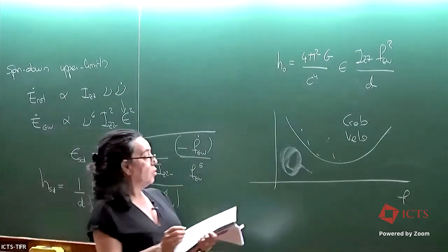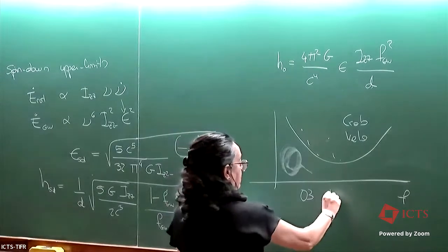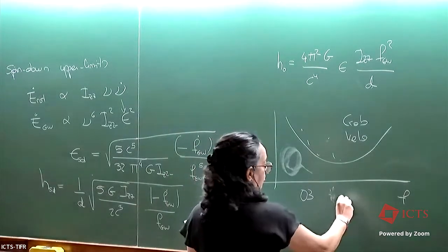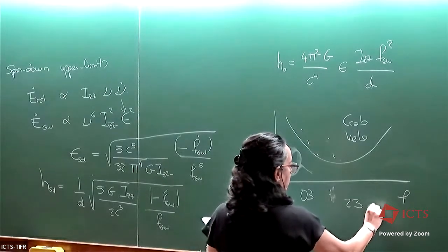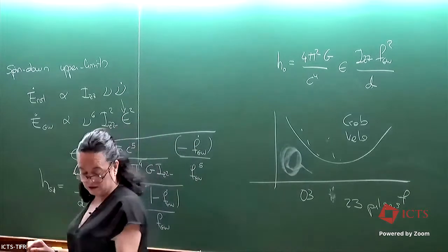Now, with the results of the third observing run of the LIGO-Virgo observatories, we already have 23 pulsars that have surpassed this spin-down limit.